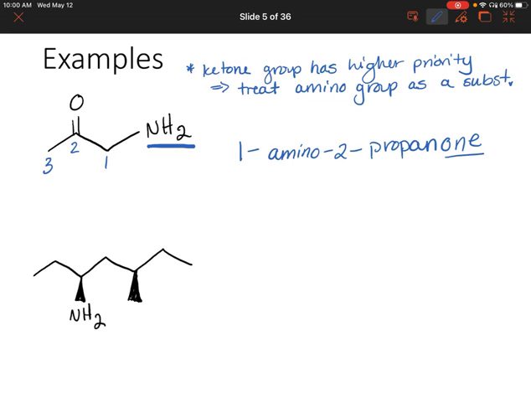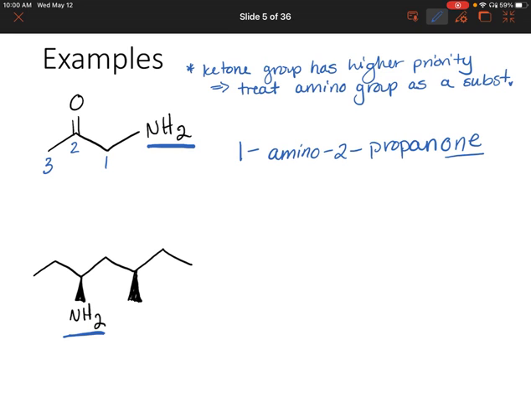Okay, let's look at our second molecule. So this one is a little more complex. So probably the best thing we can do is just find the longest carbon chain. And we want to make sure our substituents have the lowest numbers possible, although because we have this amino group here, we probably want to give that the lowest number possible.